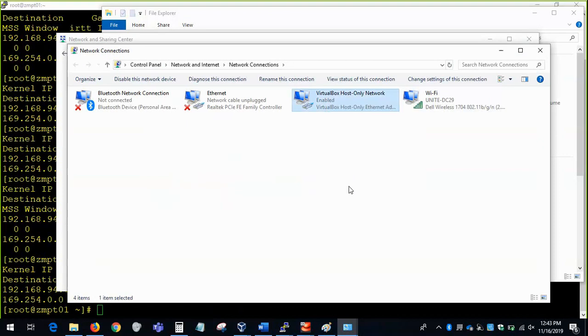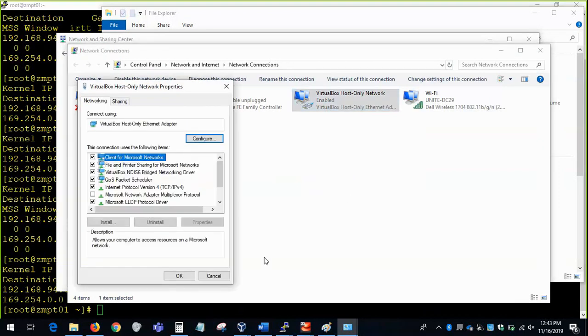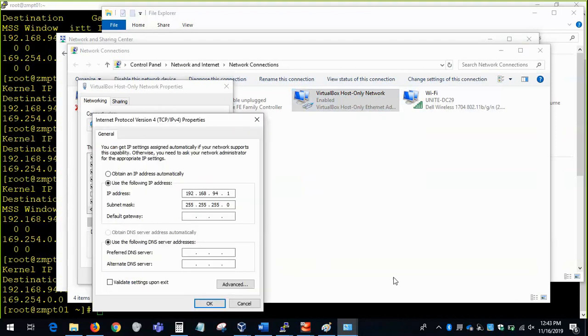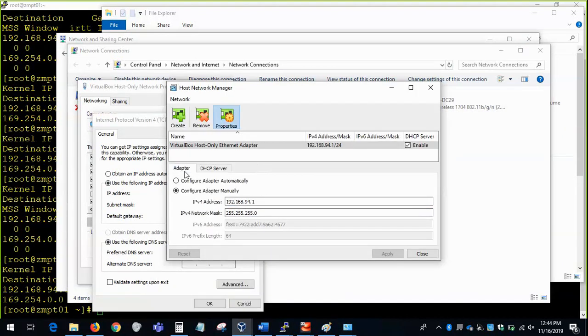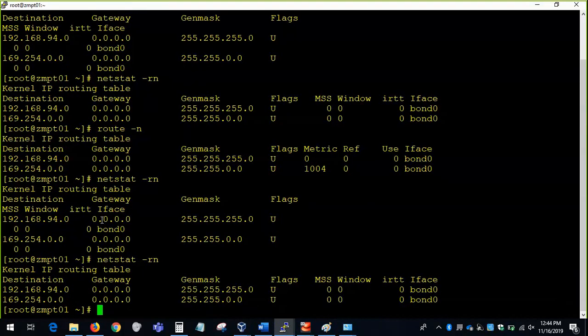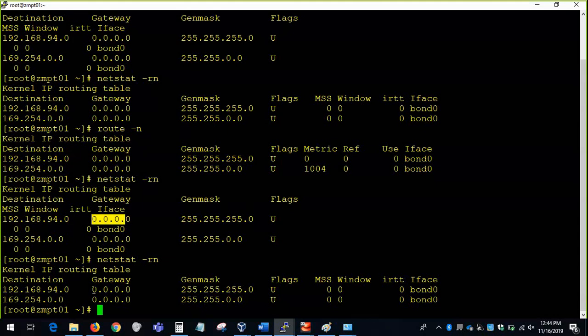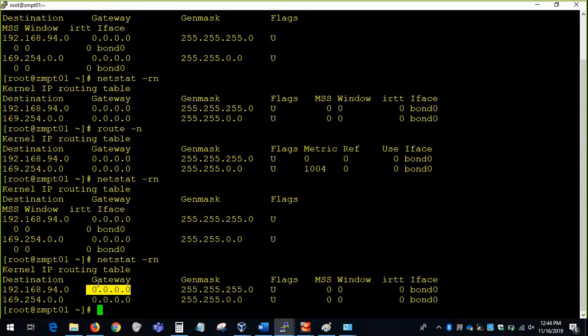You go into properties here. So the correct default gateway is 192.168.94.1. But that is not the IP address inside the default gateway, and it's not showing here. I don't know why. It should be showing 192.168.